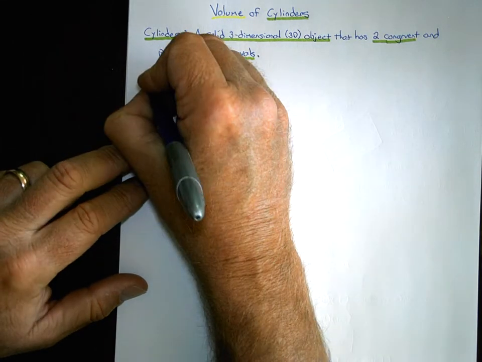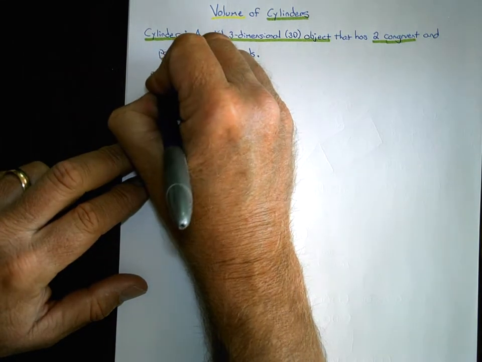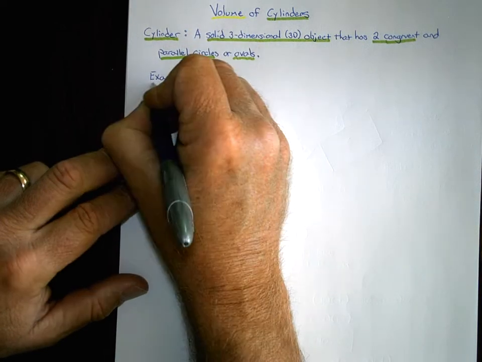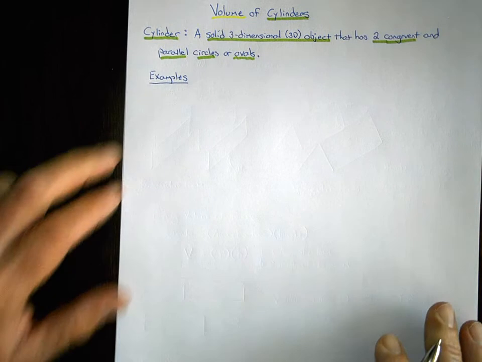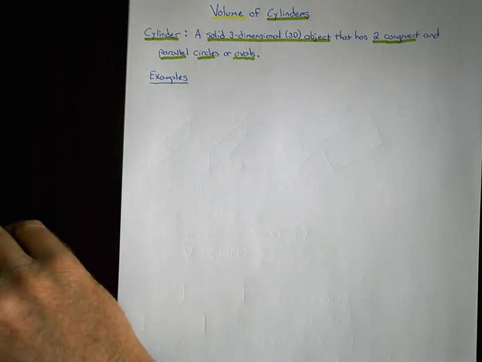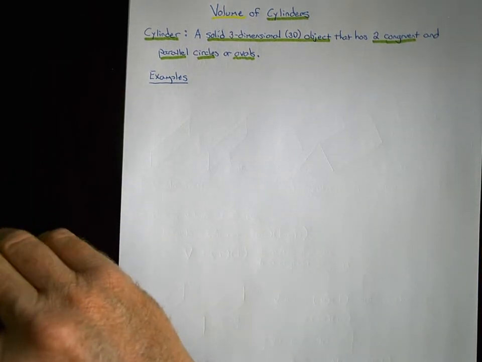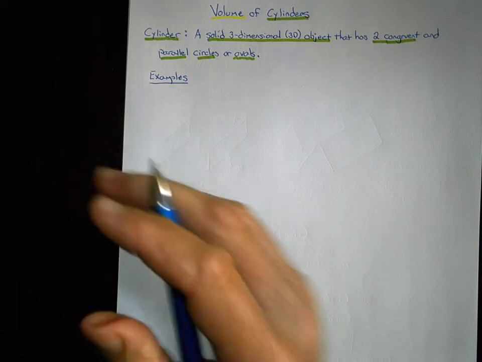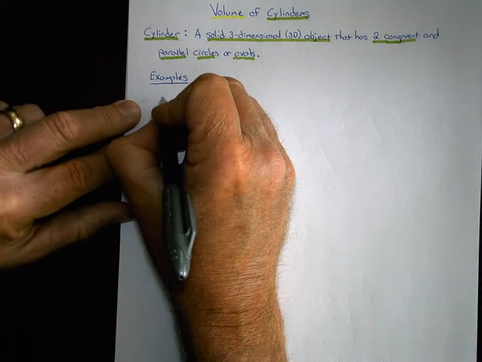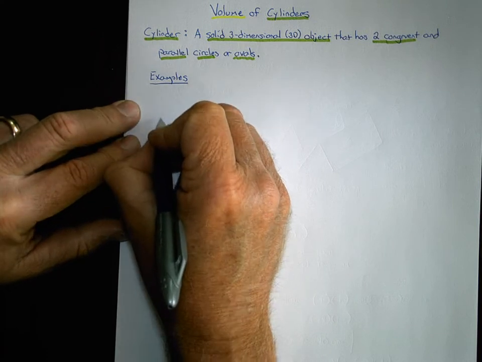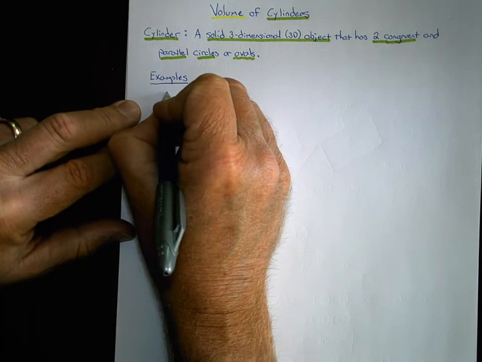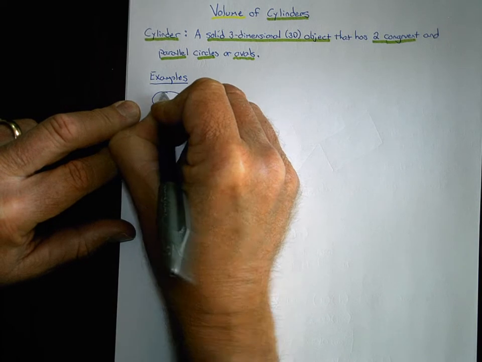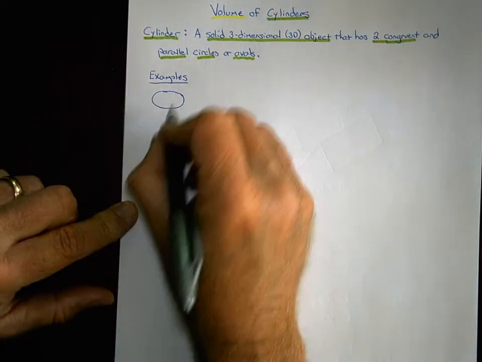Okay, so examples of a cylinder, and you see these every day. If you have ever purchased a soda can, usually in aluminum form, or a drink, those are typically in the shape of cylinders. The way that I draw them is that I draw two shapes, and they always look like ovals, but they're representing circles.